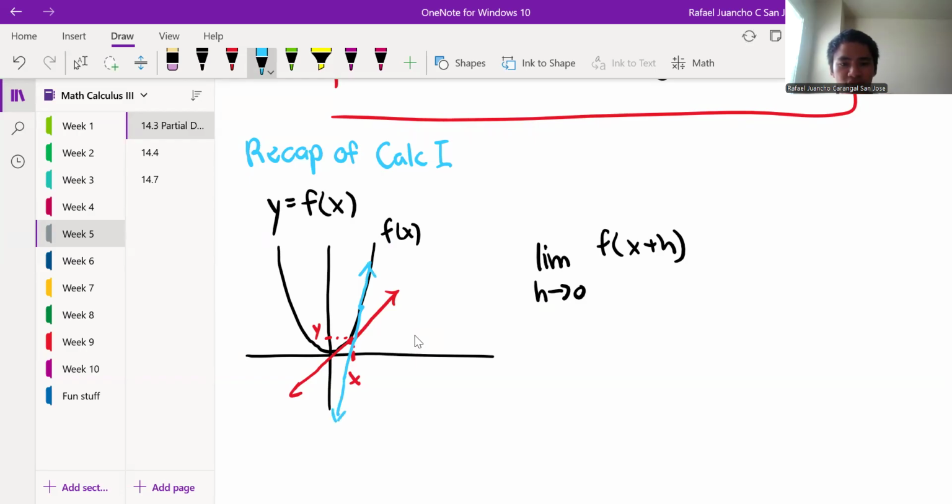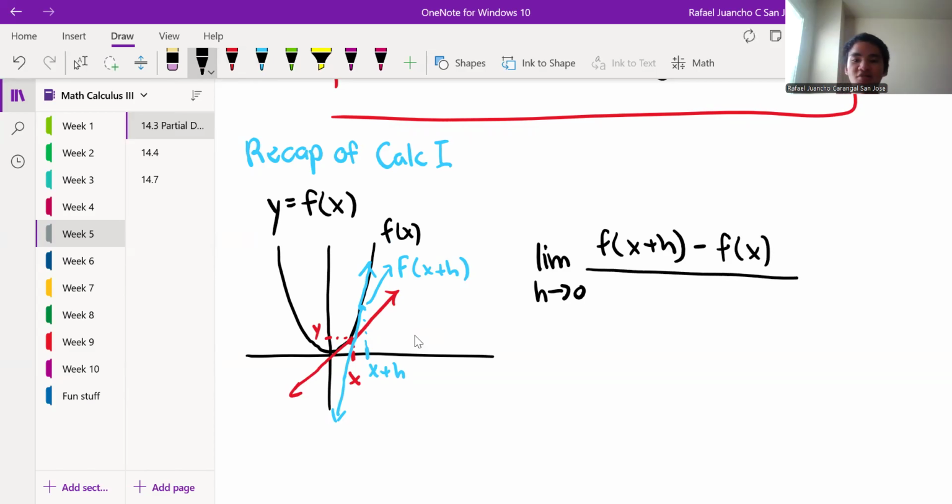This is my f of x plus some h value, right? And so that means this here is x plus h. And I subtract that to my f of x over, because that's how we get the slope.